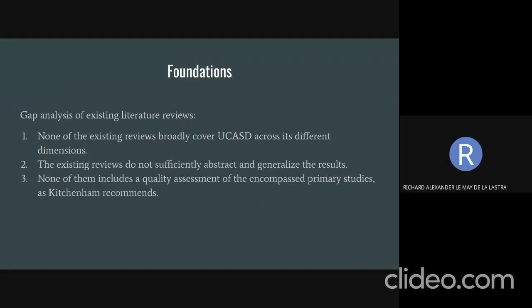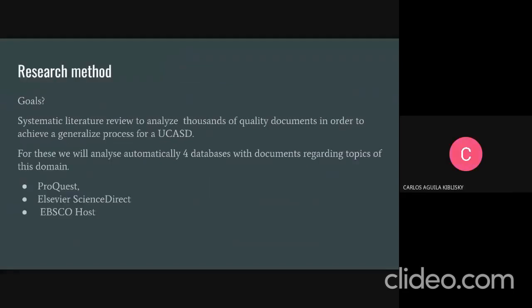Okay, so what we have here is the research method itself and its goals, which explain the process, are that the systematic literature review to analyze thousands of quality documents in order to achieve a generalized process for a user-centered agile software development.